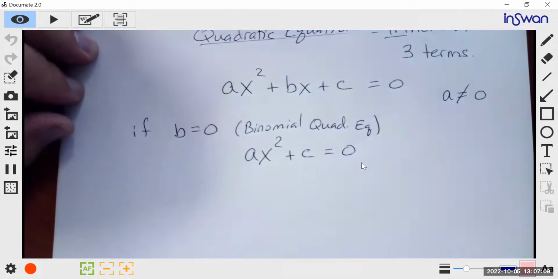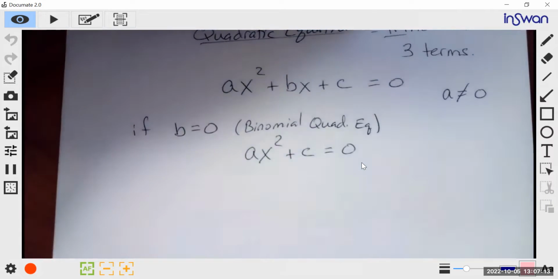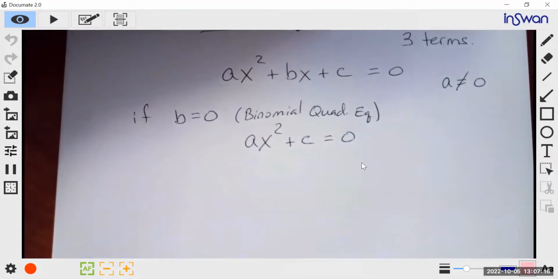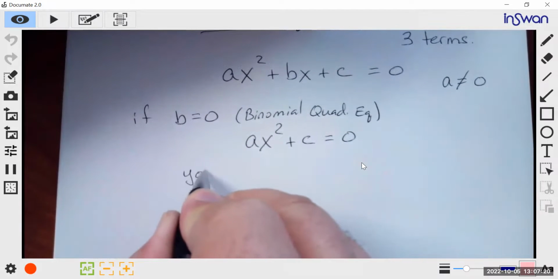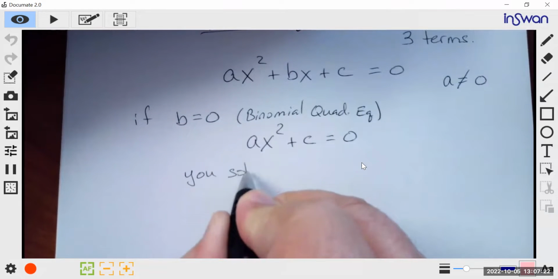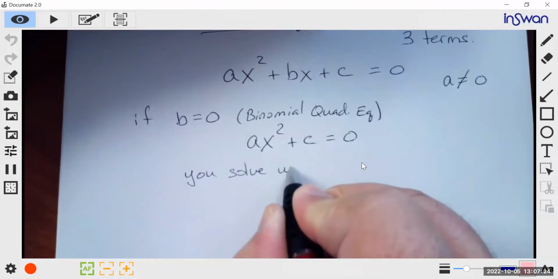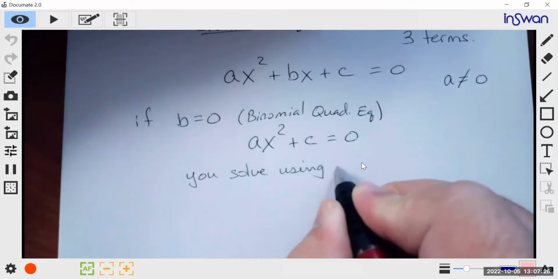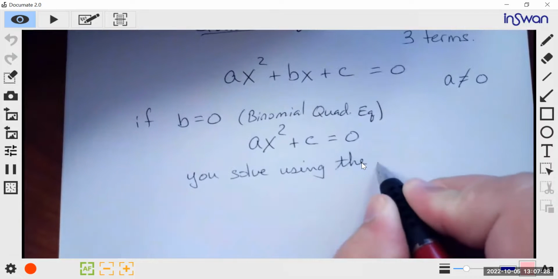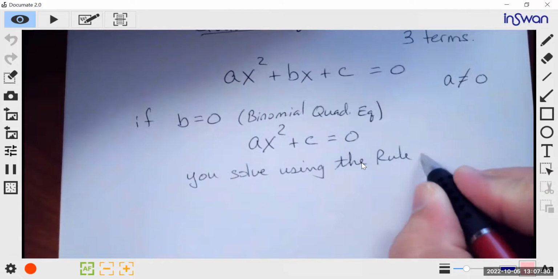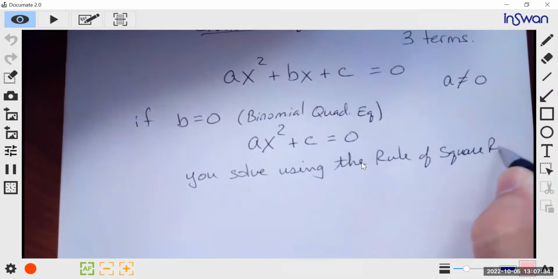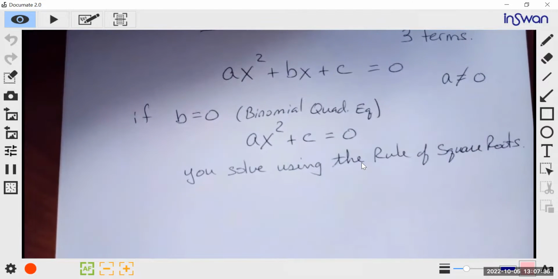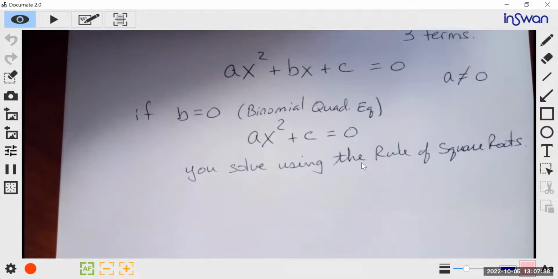They only have 2 terms. You solve using the rule of square roots.